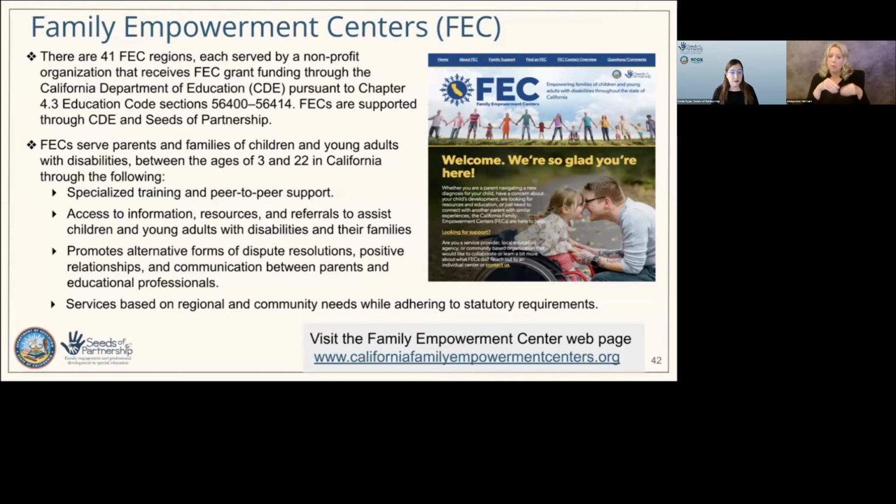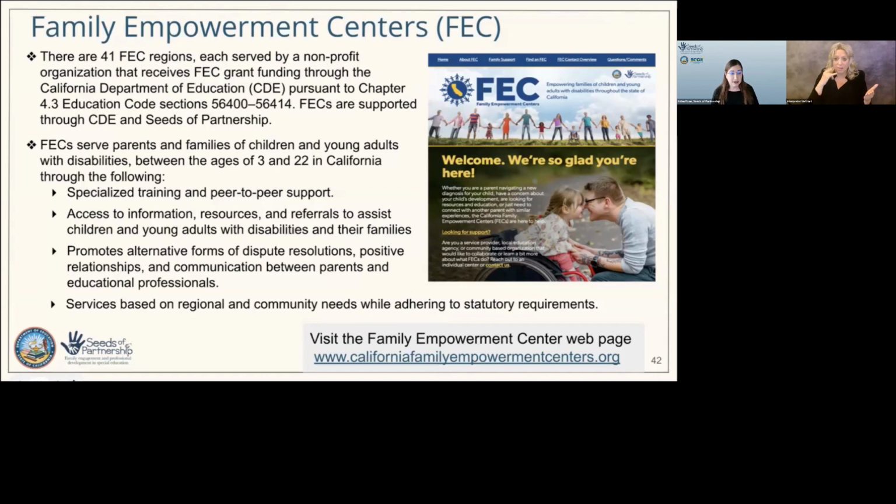In California, we've got 41 regions. Each region has a nonprofit organization that receives Family Empowerment Center grant funding through the California Department of Education to serve that region. They're supported through the California Department of Education and Seeds of Partnership.